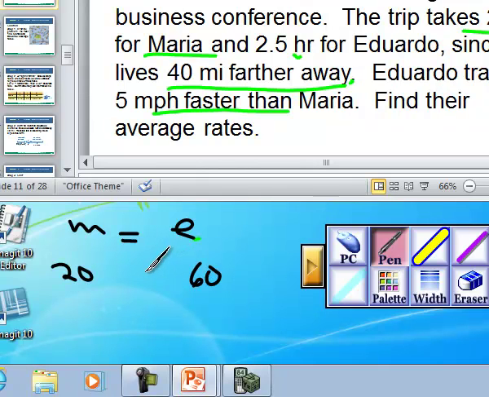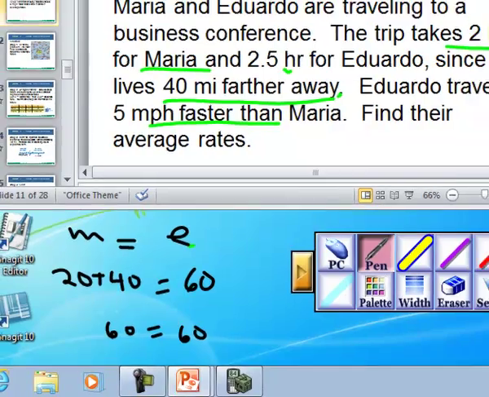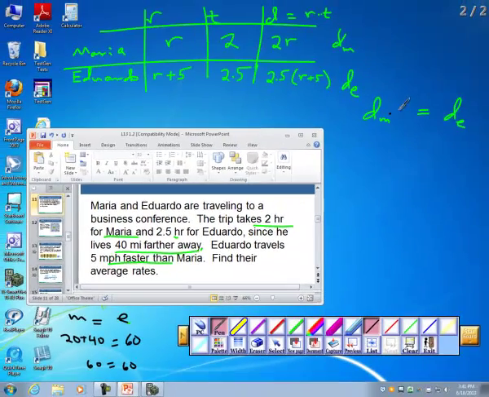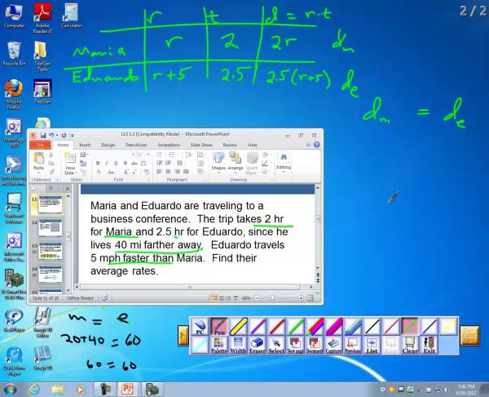In order for both sides to be equal, we would have to add the 40 to which side? Maria's. We don't know what the distance is, but we know that Eduardo is 40 miles further, so we have to add the 40 to Maria's side.